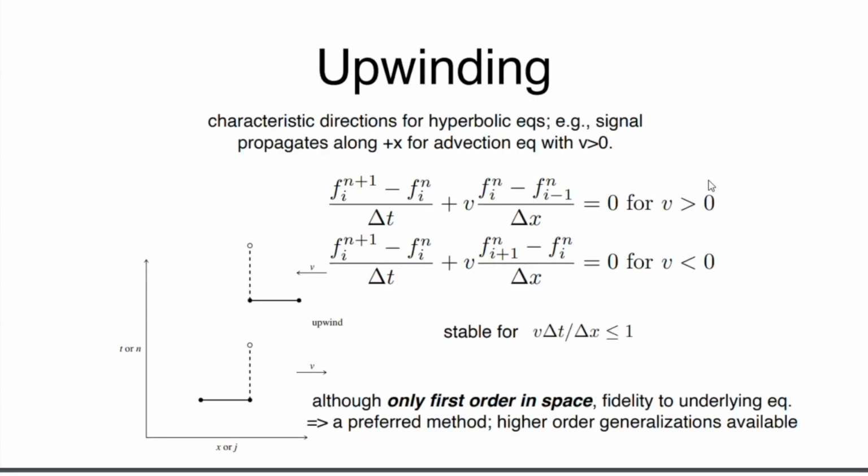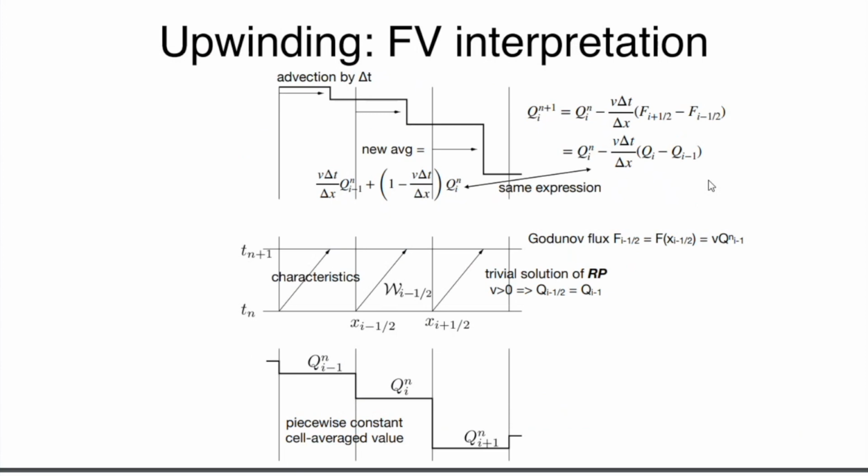So this is the finite volume interpretation of the upwind method. You'll have these piecewise constant values, as in this Godunov method based on the Riemann problem, and you have this initial condition. You just evolve it for time delta t. The evolution of this is just moved by time delta t, which is shown here.